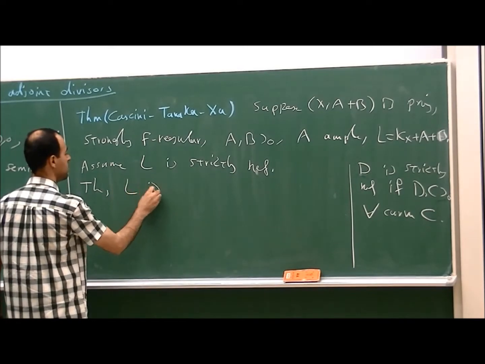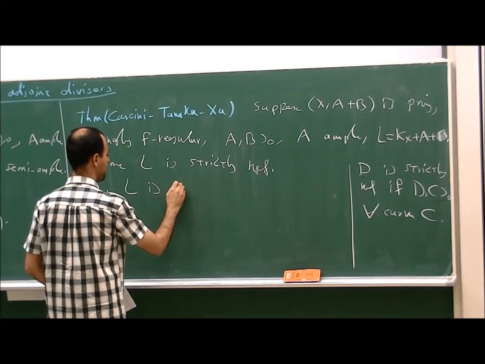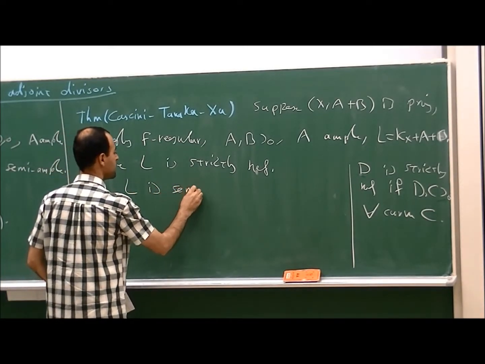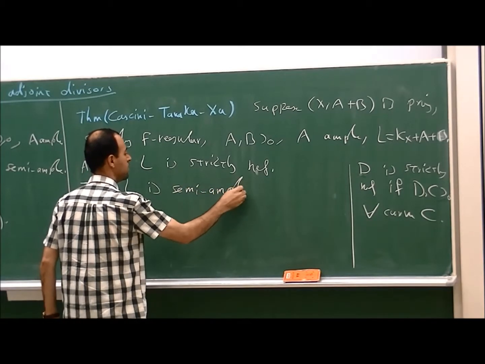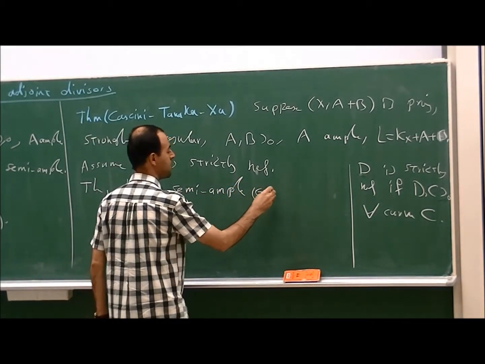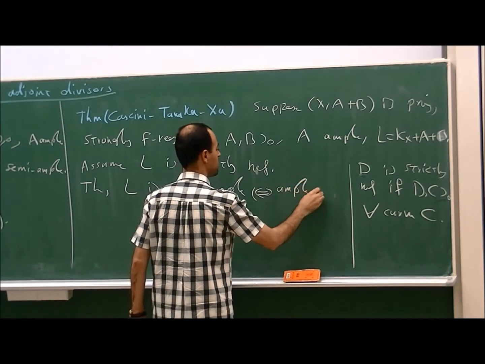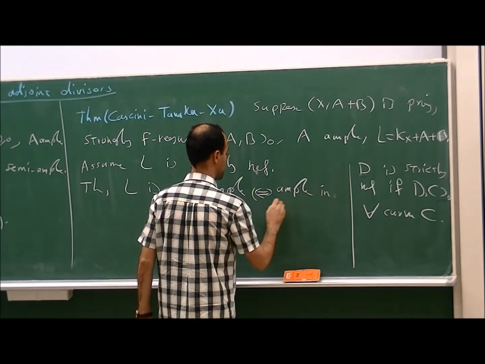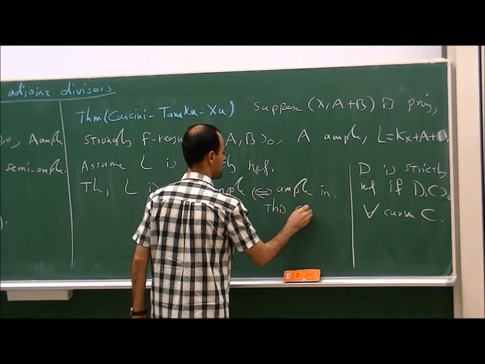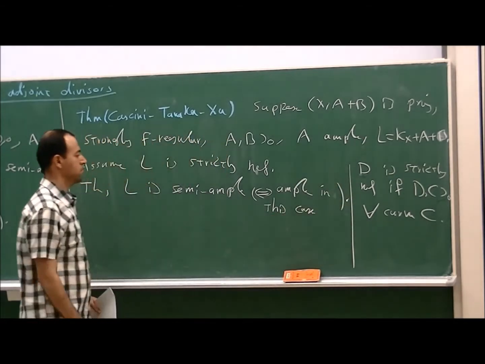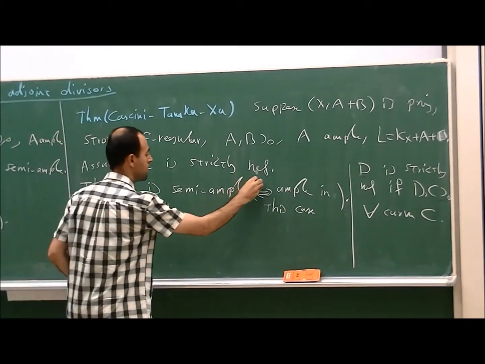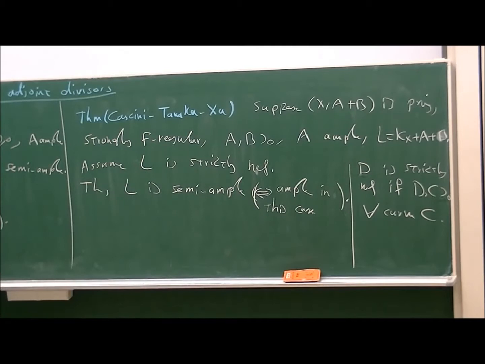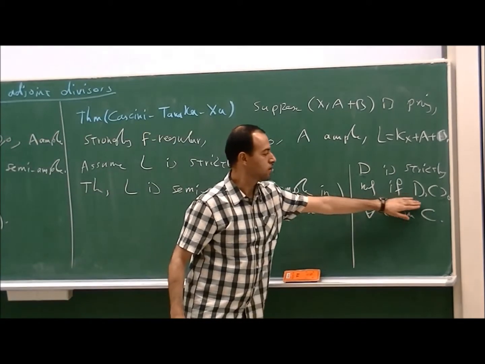Then L is semi-ample. Let me just say semi-ample, but this is in fact the same as ample in this situation. It's the same because it is semi-ample and then it cannot be trivial in any case, otherwise it just contradicts the definition.